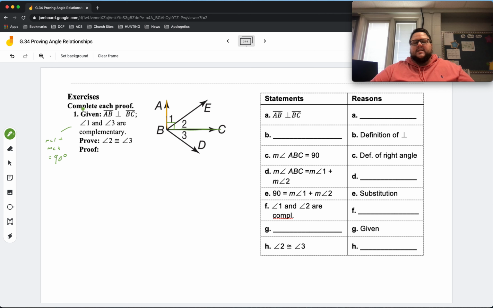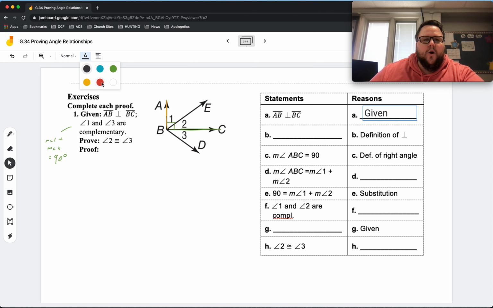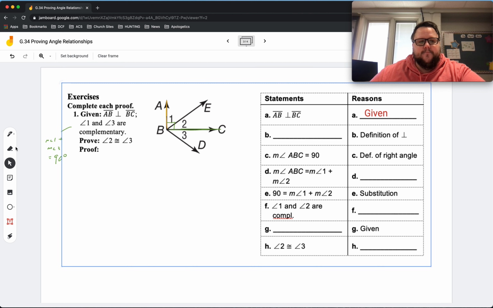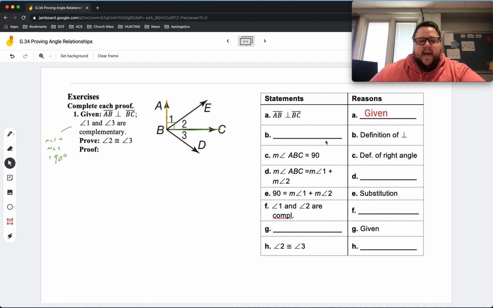So let's start with our proof now. They tell us AB is perpendicular to BC, and the reason is that it is given. We already know that because it is given here. Now, whatever our next statement is, it's because of the definition of perpendicular.